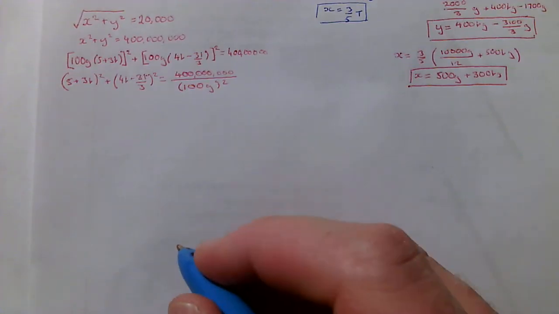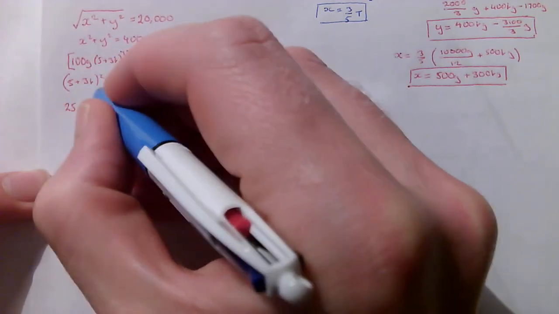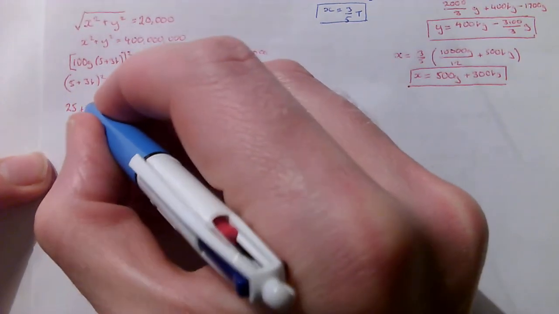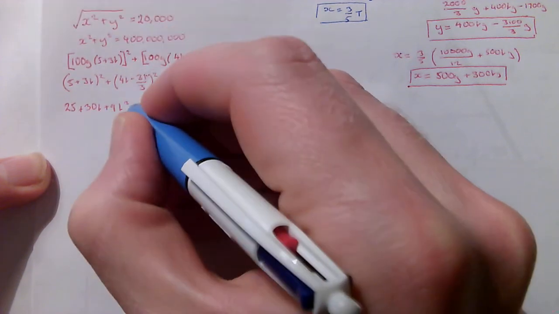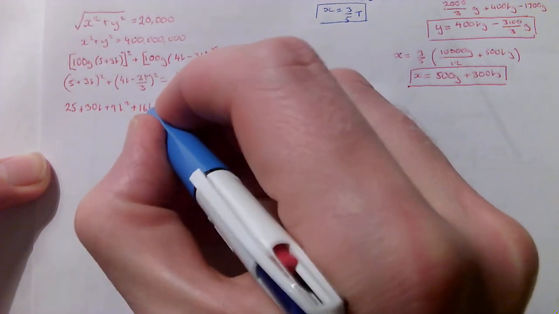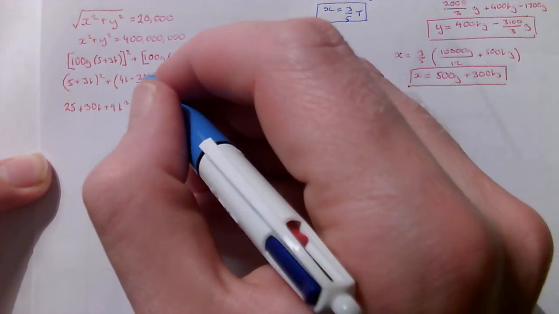Multiplying out the brackets here gives you 25 plus 2 lots of 15L, so plus 30L plus 9L squared plus 16L squared. 4 times 31 is going to be 124 over 3.